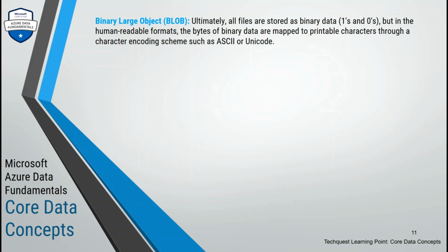In the case of unstructured data file formats, data is stored as raw binary that must be interpreted by applications and rendered. Common types of data stored as binary include images, video, audio, and application-specific documents.